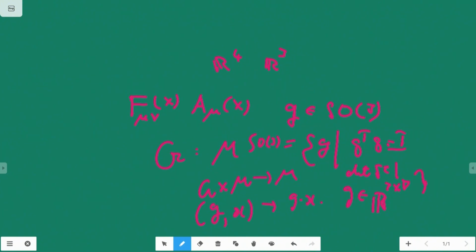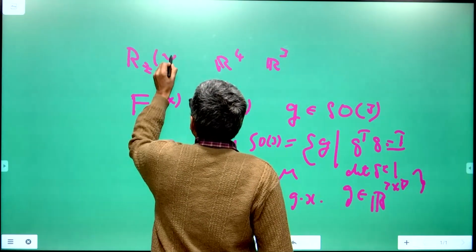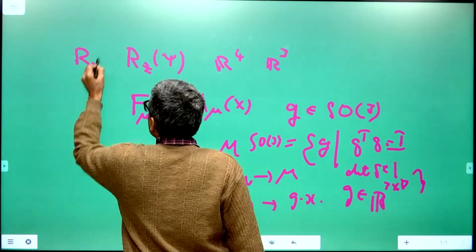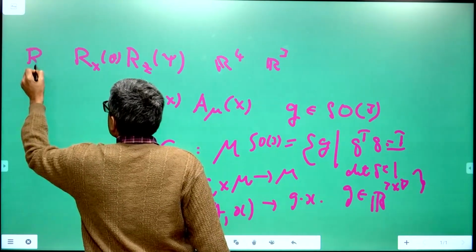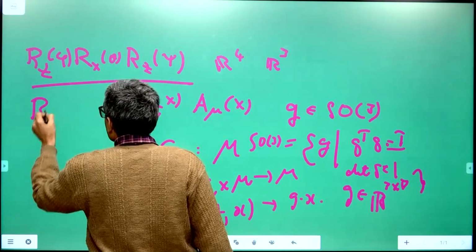Such a rotation can be described in terms of 3 Euler angles. First, rotation around the z axis by an angle psi, then rotation around the x axis by an angle theta, and rotation around the z axis by an angle phi. These are called the Euler angle parametrization of the rotation group.